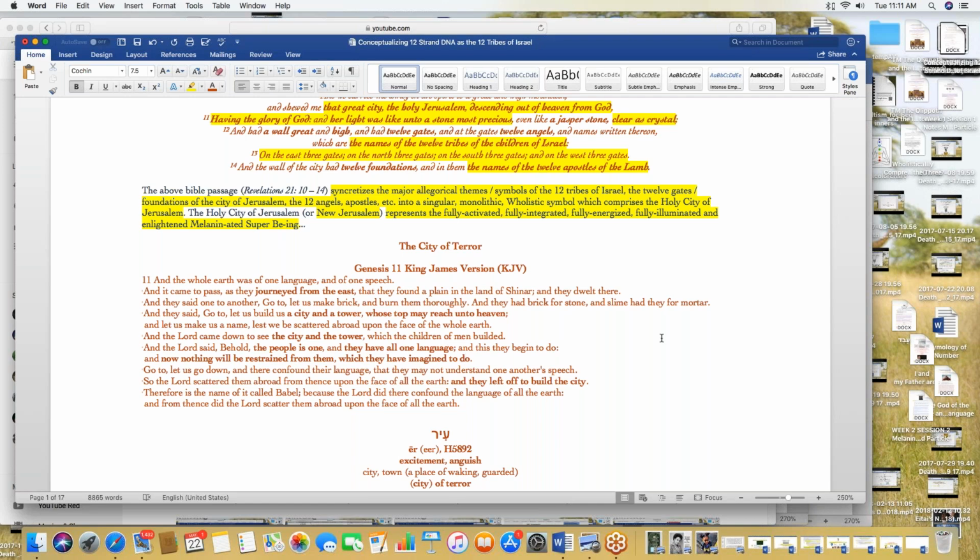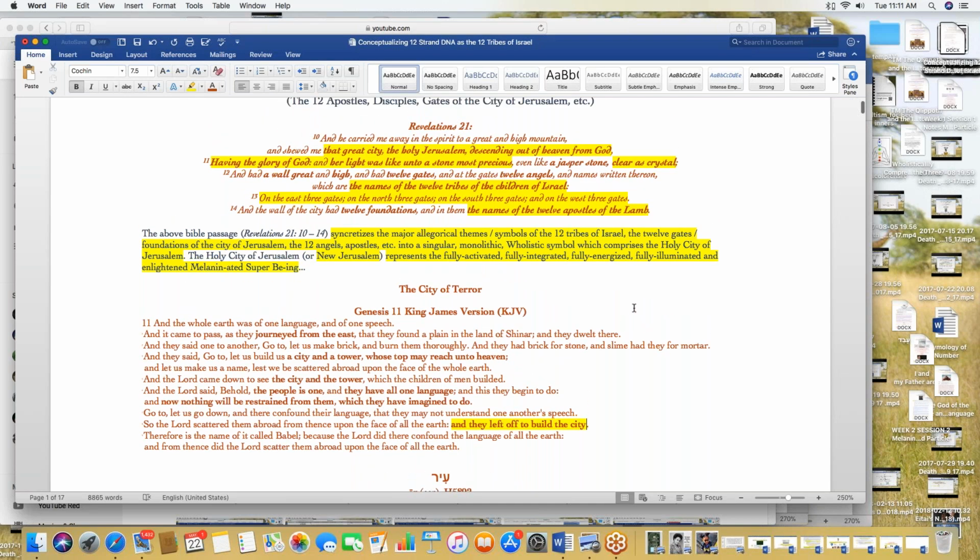Go to, let us go down, and there confound their language, that they may not understand one another's speech. So the Lord scattered them abroad from thence upon the face of all the earth. And they left off to build the city. Now remember, this city is your resurrected, fully illuminated, fully enlightened super body.